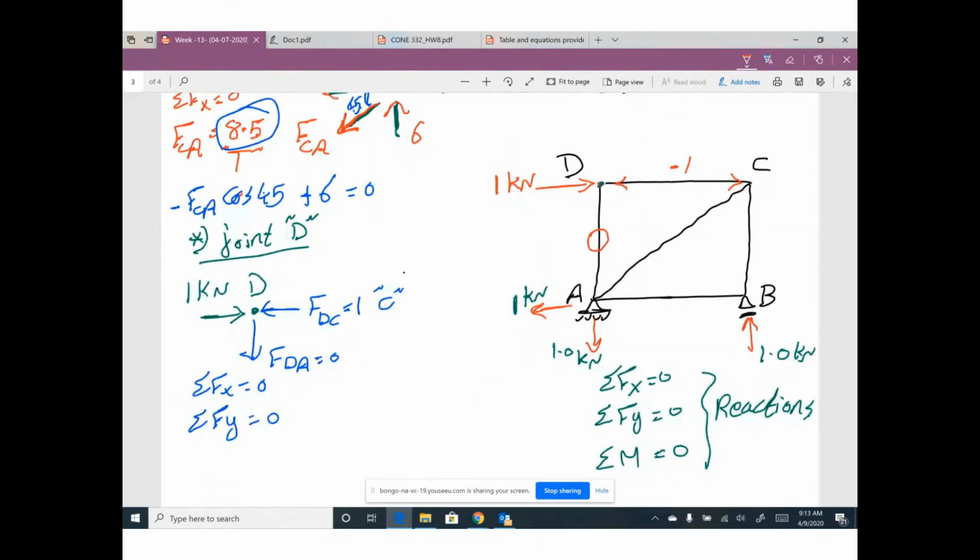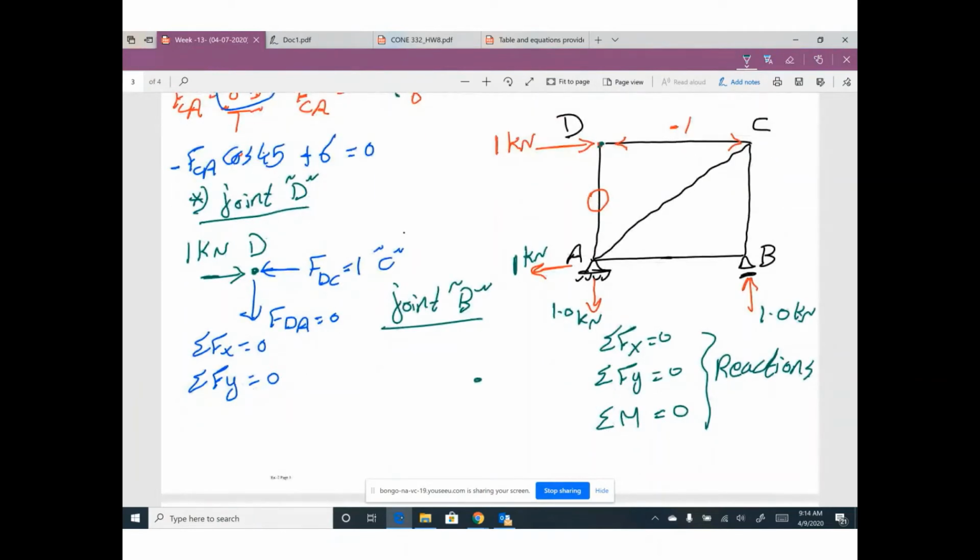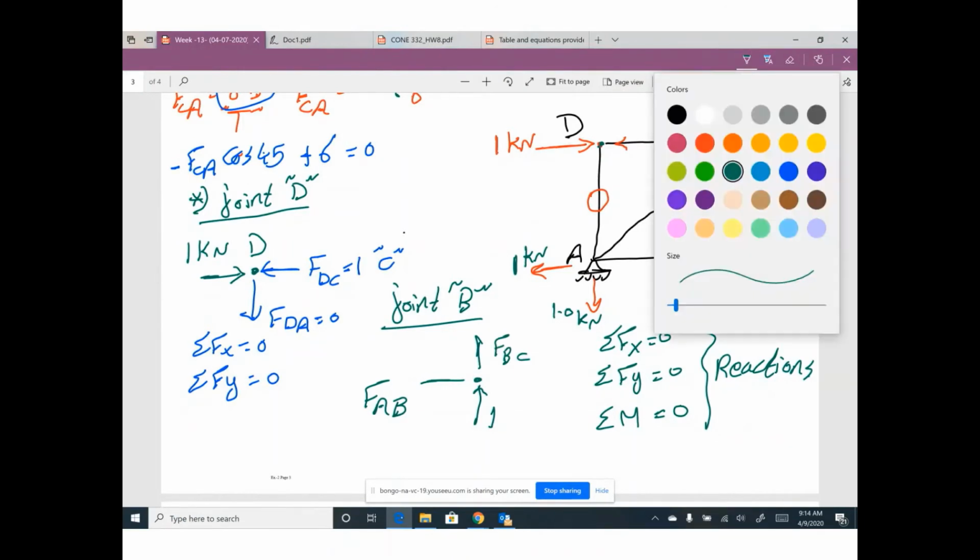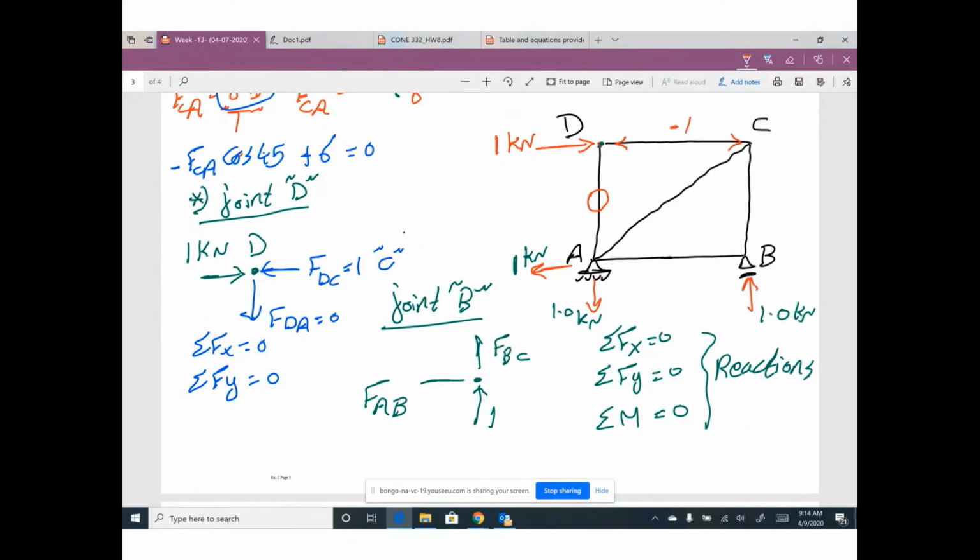What else? I can do joint equilibrium at joint B. Let's try joint B. What do you have at joint B? Joint B, we have vertical reaction 1. We have horizontal member FAB. We have vertical member FBC. I believe, because I have more experience, you should have also. This force will be down because we have one up, so this force will be down.